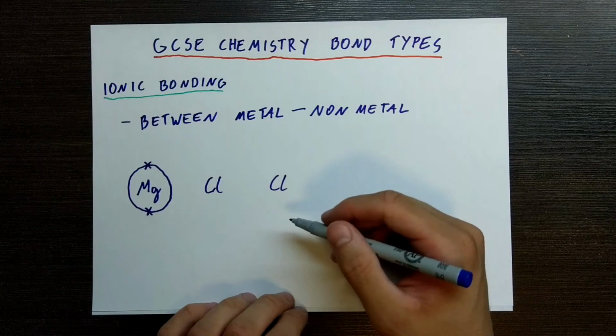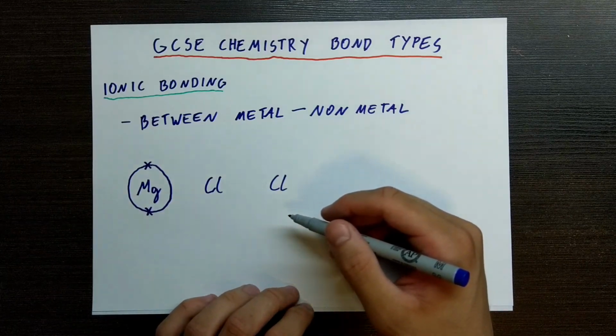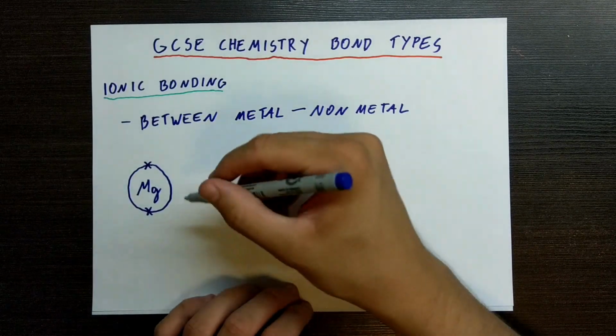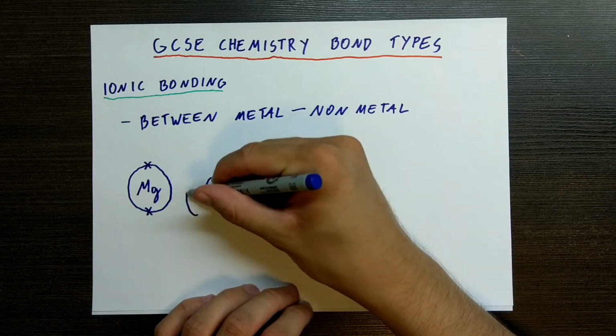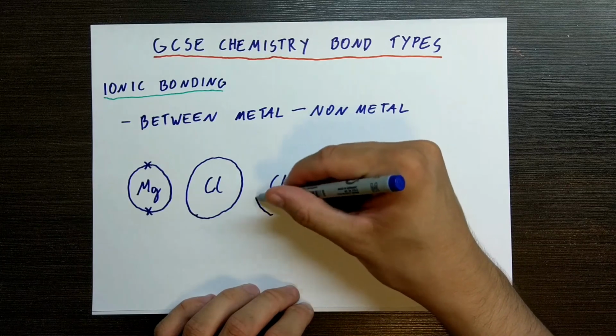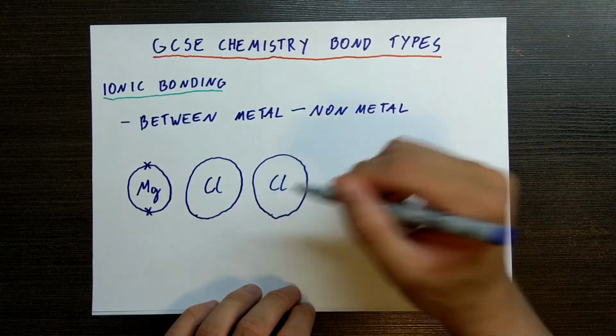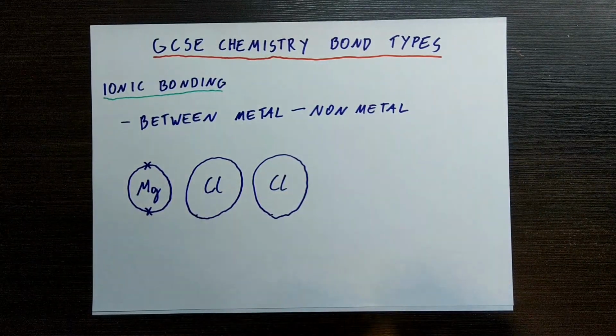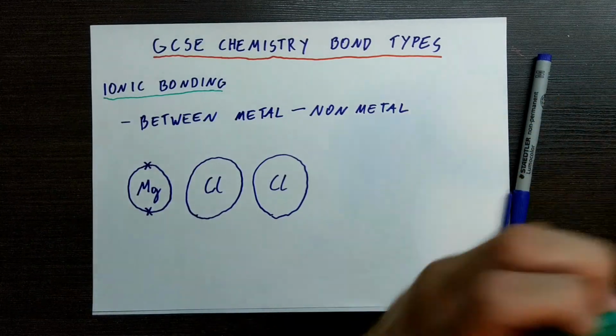Now chlorine is in group 7. So chlorine has 7 electrons in the outer shell. And that goes for each one of these guys. I'm going to label these with green color.